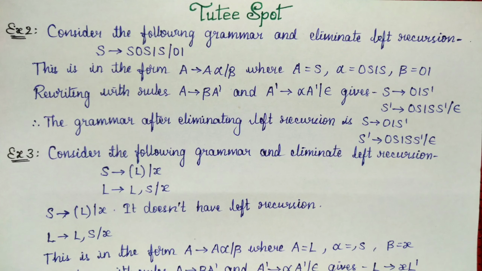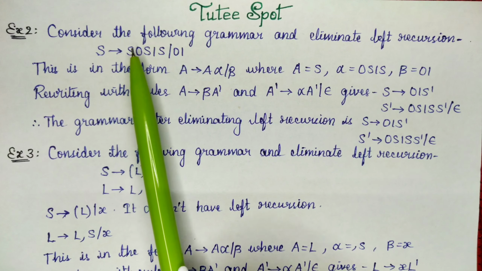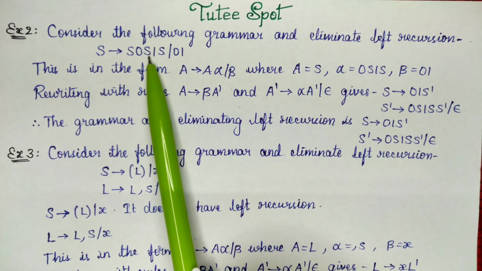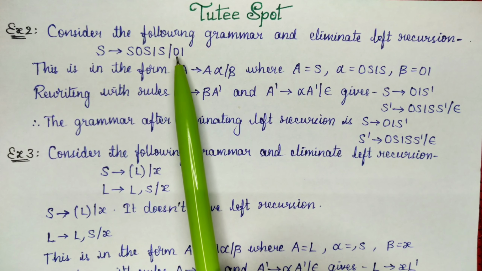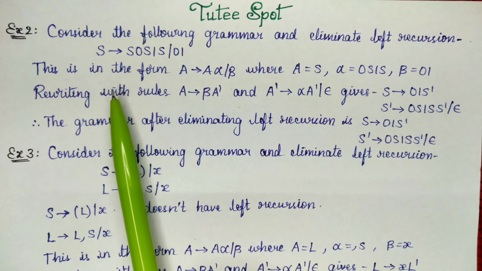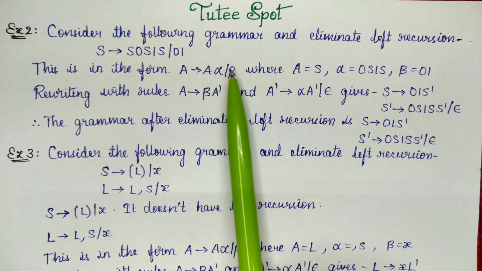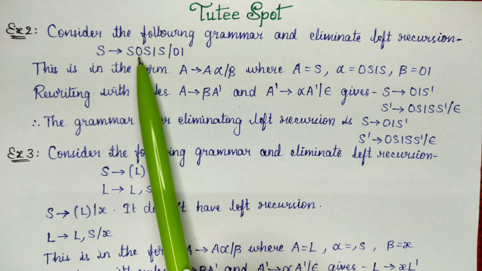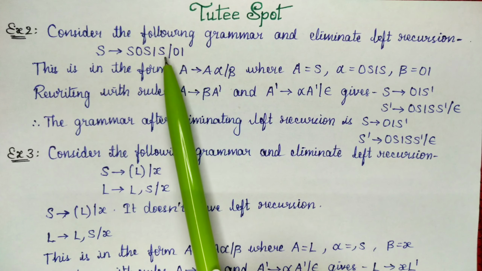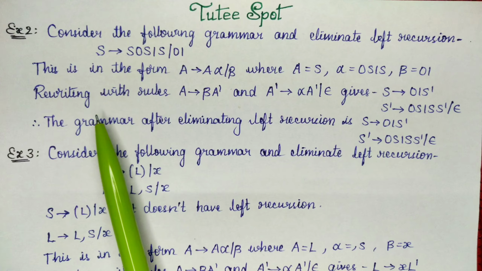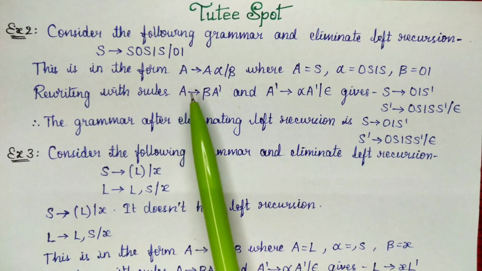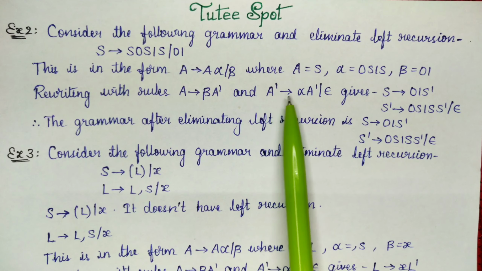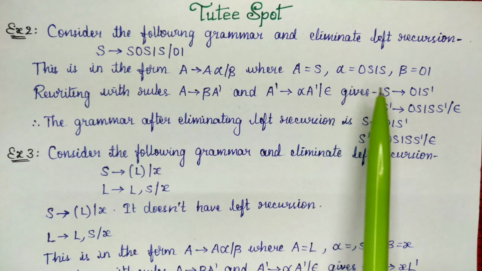Let's see another example. The grammar is S produces S0, S1, S or 0, 1. Comparing it with our grammar, A produces A alpha or beta. So A is S and alpha is 0, S, 1, S and beta is 0, 1. So rewriting with our rules, A produces beta A dash and A dash produces alpha A dash or epsilon.